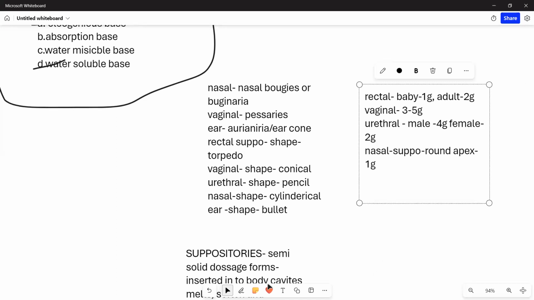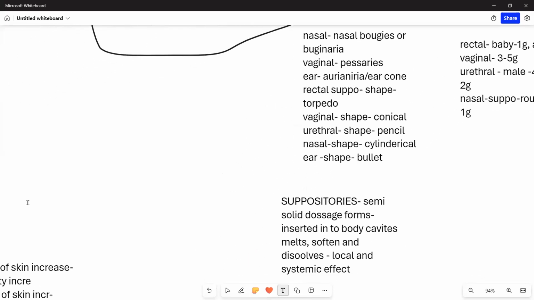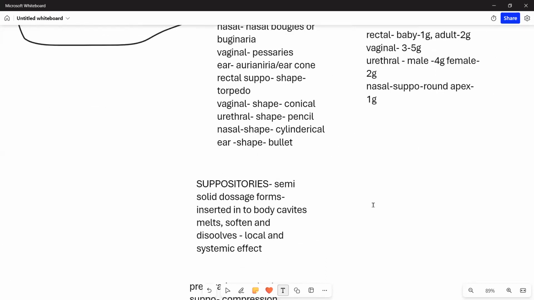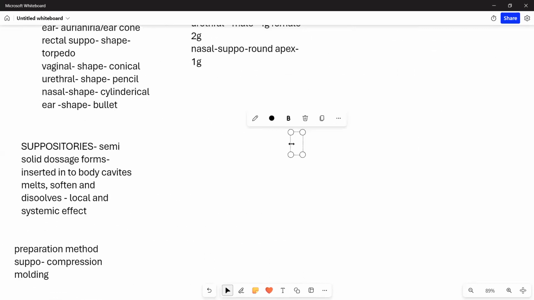So mainly the absorption through the rectum occurs. One minute, guys. The rectum generally consists of three types of veins.